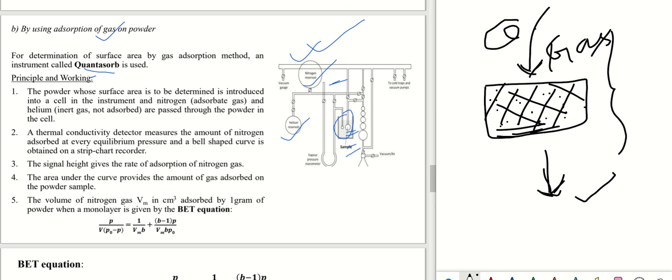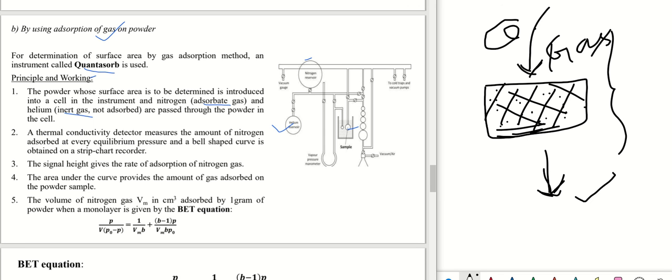Now let's see the working principle. The powder for which we need to determine the surface area is taken into this cell, the sample holder, and nitrogen is in the nitrogen reservoir. Here nitrogen acts as the adsorbate gas, and helium, an inert gas, is taken in the helium reservoir. It just creates an inert environment.